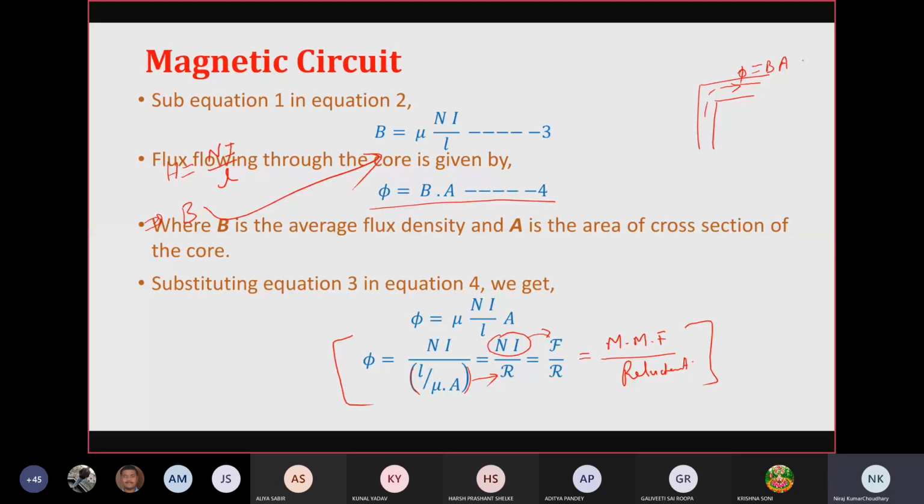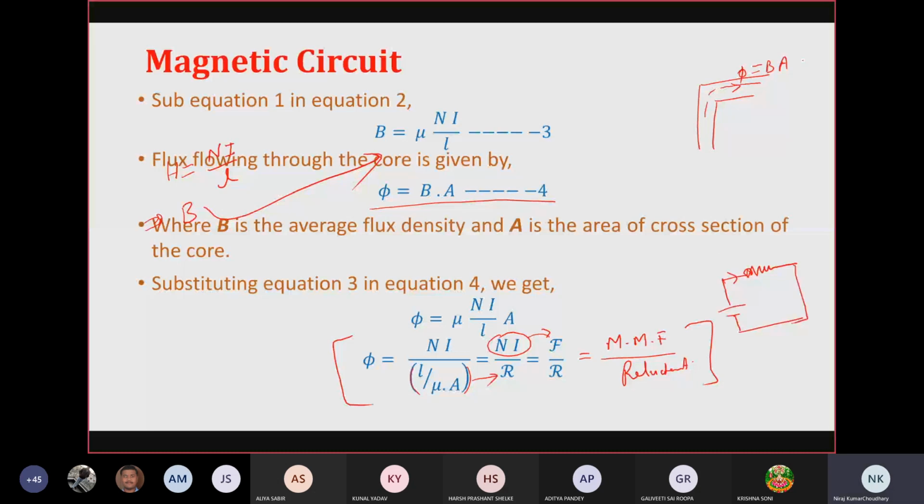Now, what is the role of MMF and how can it be related with the electrical circuit, like the analogous properties of electrical and magnetic circuits we studied in the last class. So we have seen the different terms. You know that for the flow of current in any electrical circuit, we need EMF in order to flow the current.